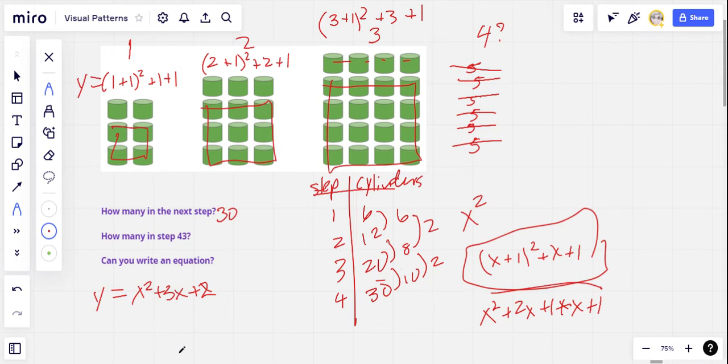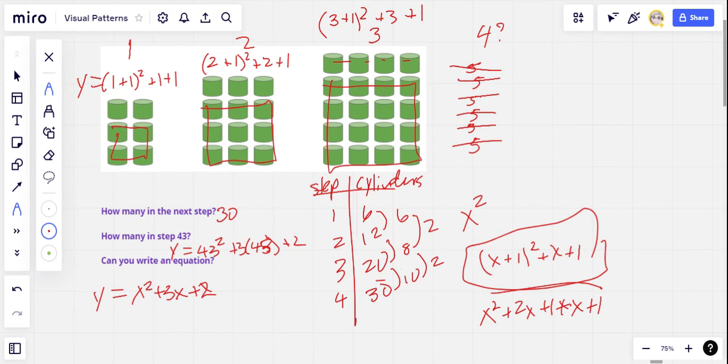But let's go ahead and figure out how many in step 43. So what I would do here is I would plug in step number 43 for x. So this is going to be 43 squared plus 3 times 43 plus that 2. So let me pull out a calculator here so I don't mess this up.